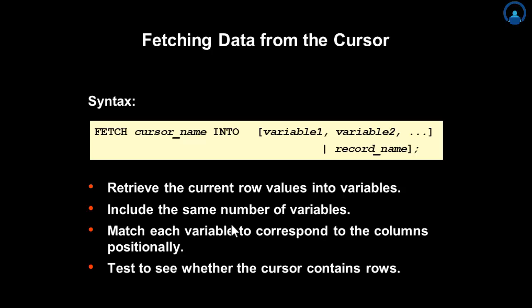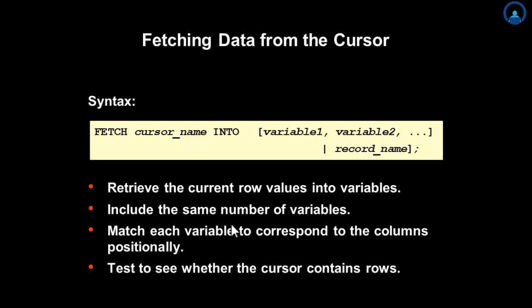Certain guidelines. Number 1, include the same number of variables in the INTO clause of the FETCH statement as columns in the SELECT statement, and be sure that data types are compatible. Match each variable to correspond to the columns positionally. Alternatively, define a record for the cursor and reference the record in the FETCH INTO clause.